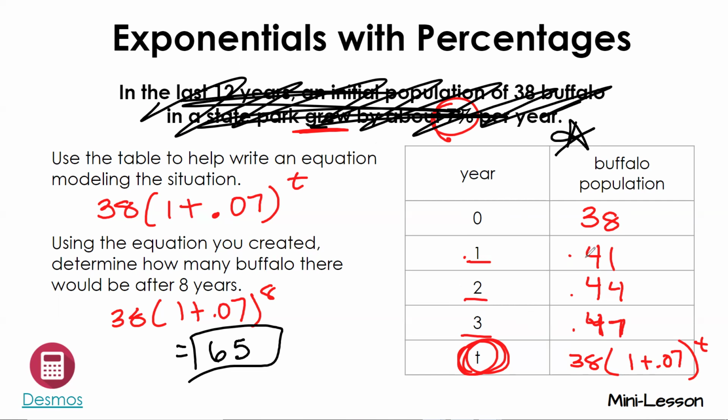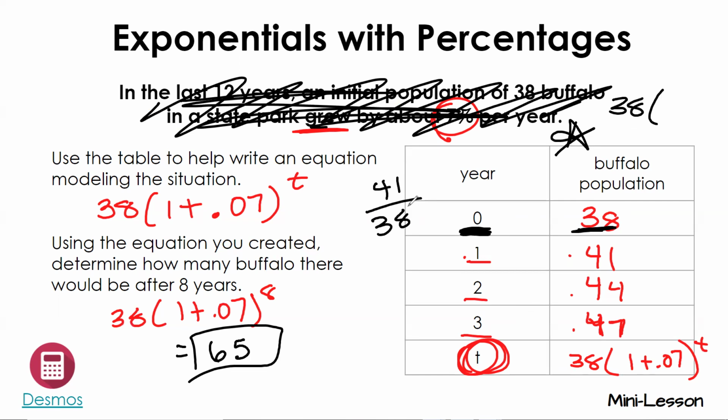What would be your initial? Why do you know that it's 38? Okay, so it's year 0. So this is my initial, right? How do we find the rate now? Yeah, but how do we find it? Second number divided by the first. Take 41 and divide it by 38. Type that in your calculator.